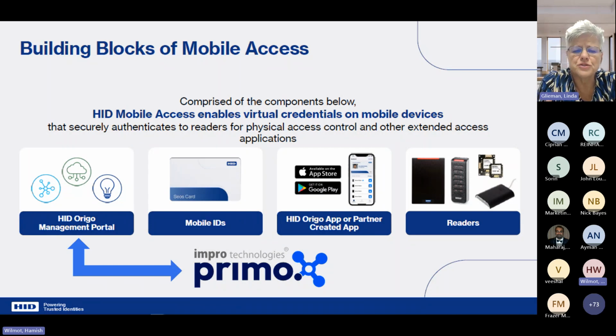The readers that we use today to read that mobile credential are the Signo readers. Our iClass readers, there are newer versions released over the last few years, which can be retrofitted with a Bluetooth module.